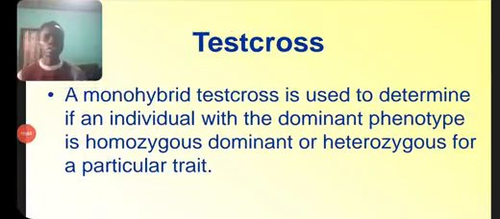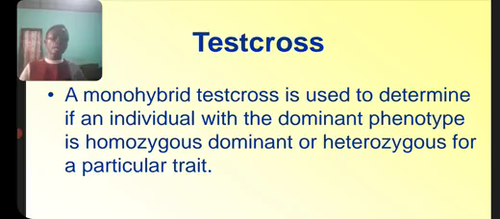So we're going to look at the test cross. A monohybrid test cross is used to determine if an individual with the dominant phenotype is homozygous dominant or heterozygous for a particular trait.